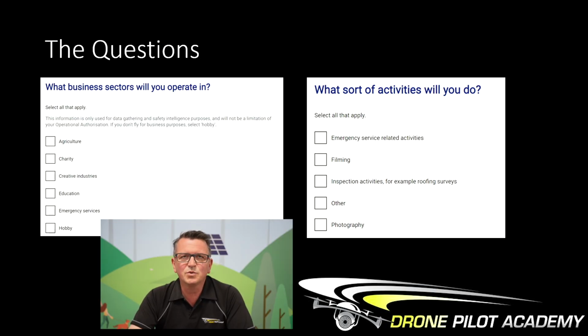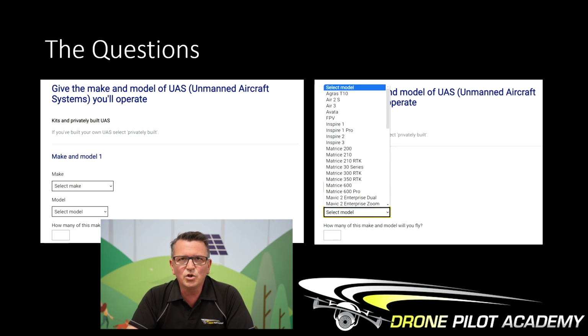It then starts with the questions. This is data gathering, so it talks about the business sectors you'll operate in and the activities that you will do. They're all tick boxes, and there's a box for other where you can enter if it's something different that you do. You then enter your drone makes and models. So you do it by make and model, not each individual drone you've got.